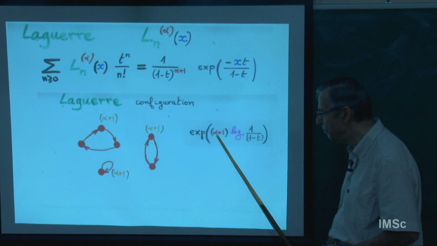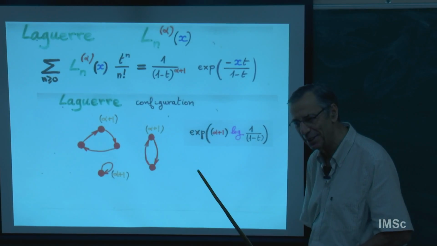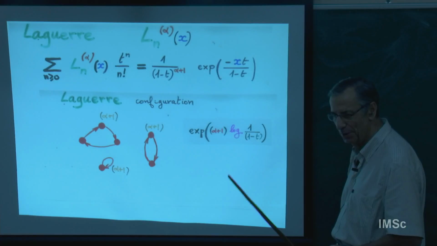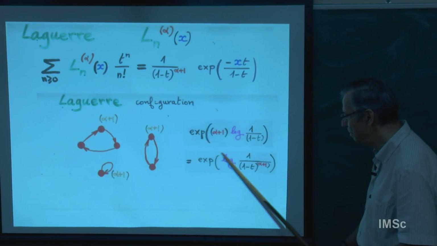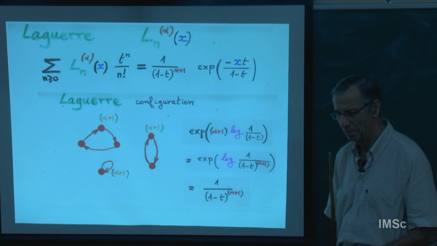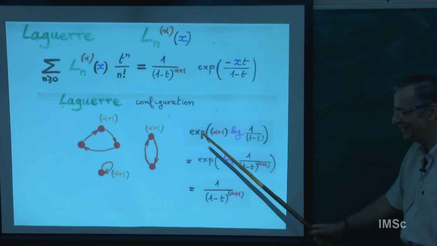Each cycle is weighted with alpha plus 1. And I take now an assembly of cycles. So this is the generating function of this. Now you know the logarithm can be put this way. Exponential of log equals this. Connected component, cycle, exponential, assembly.